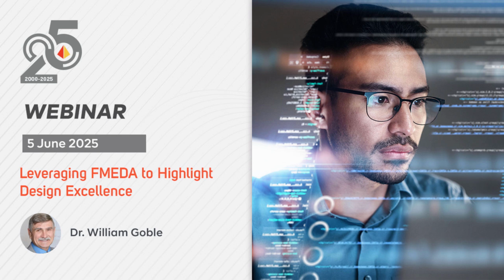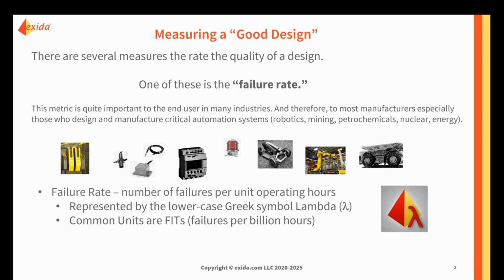I know there are many measures of quality for a design, but one of these is failure rate, and that's primarily what we're going to be talking about today. How do we show the ideas we have for improving reliability impact the FMEDA results?